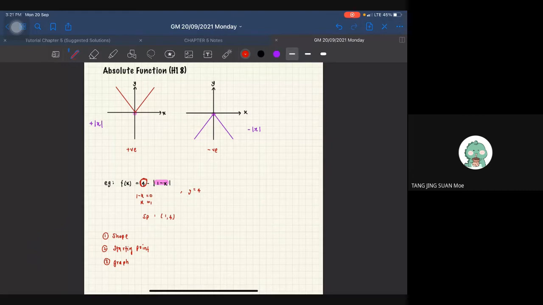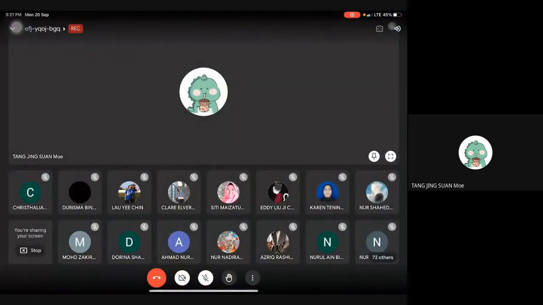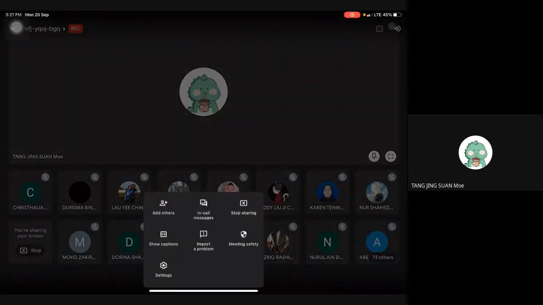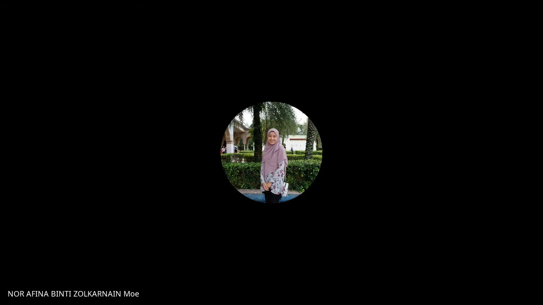Sekarang kita akan pergi ke group yang terakhir yang akan present reciprocal function, which is from H17. H17 dah ready ke tu?